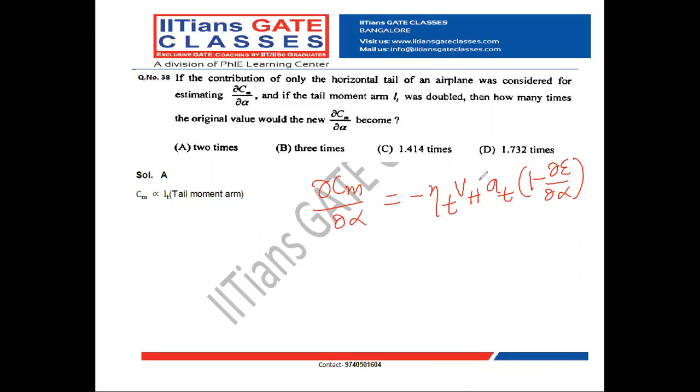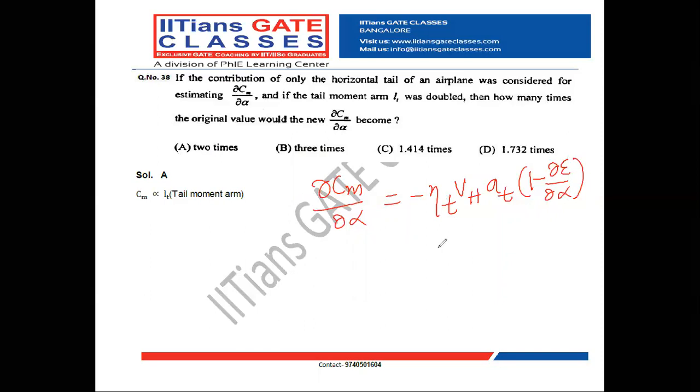Vh is the tail volume coefficient, the volume ratio with respect to the wing. Eta t is the ratio of dynamic pressure over the tail with respect to the wing.